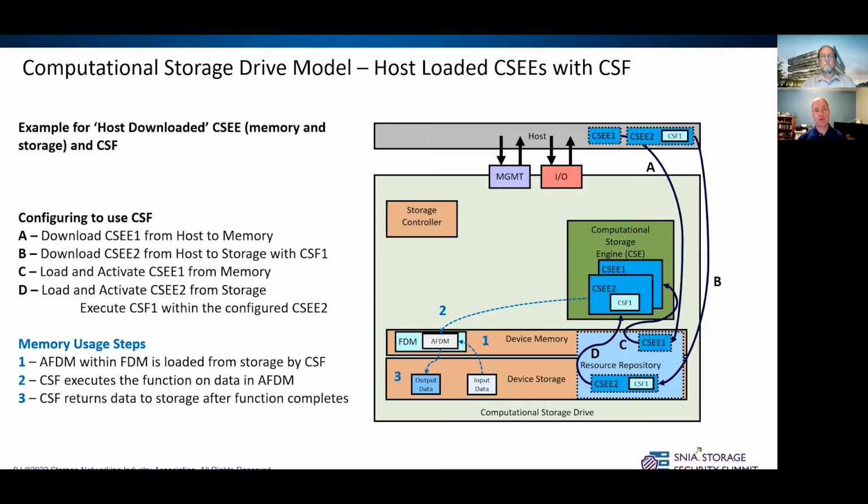What's happening with this function is it's bringing in data from the persistent storage, from the device storage, which is the blue dashed ARC1, processing on it, and then writing that data back out to the storage following blue dashed line ARC3. So the data is moved in and out of the storage, in and out of that AFDM. The CSF1 operates on it and produces the results that that particular CSF is programmed to generate.